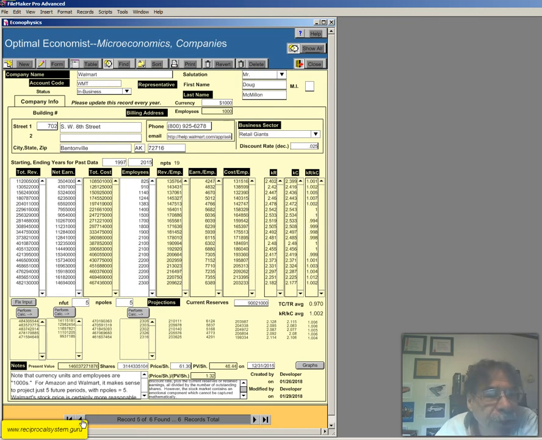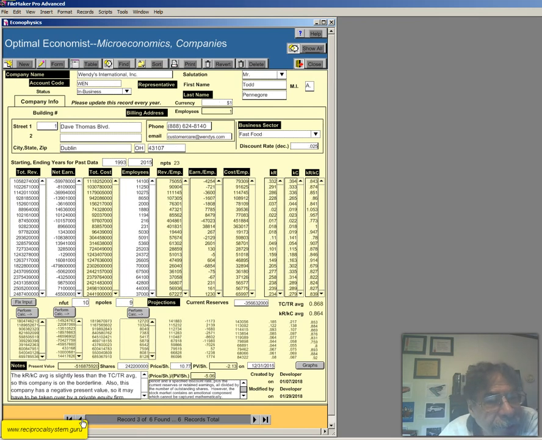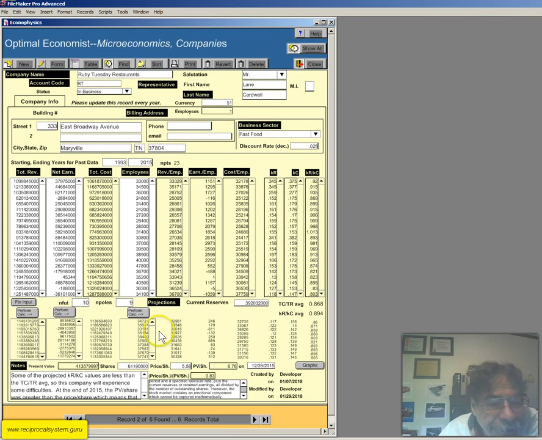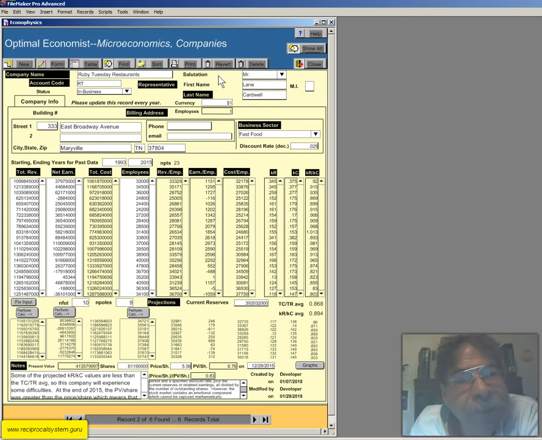And of course, you can put your own industry in here. So I have two sectors as samples. All right. So that's the microeconomics of companies. And of course, just about everything here is graphable, and I'll show those graphs next week.